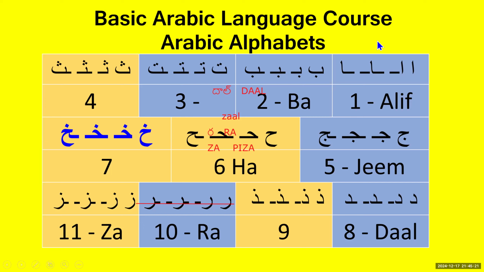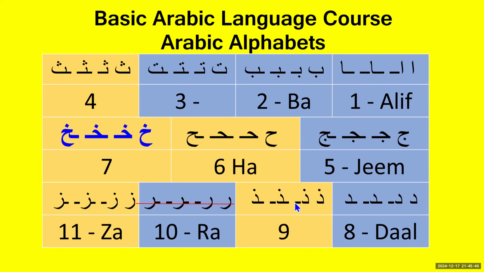Sir, I have a question. Yes, please. Many times, the Arabic people I came across, instead of dal, they used to speak out zal. What is the difference, or how are these words getting pronounced instead of dal? We are studying the name of the letter.